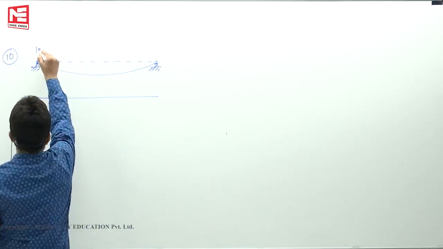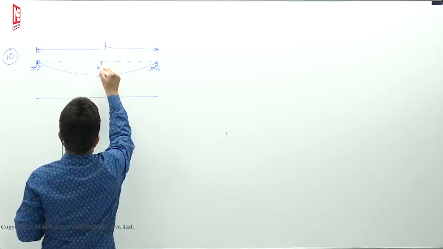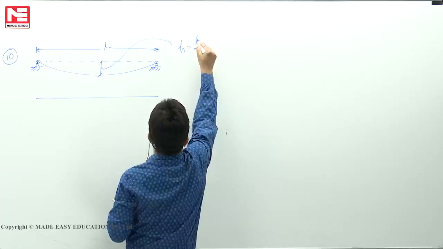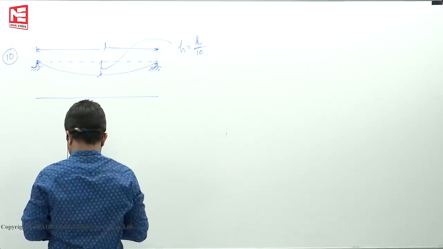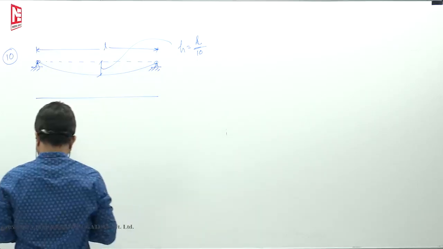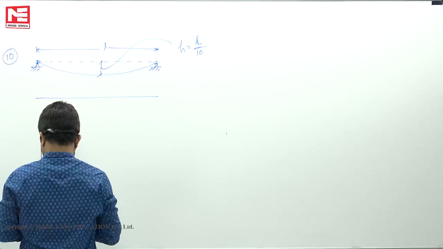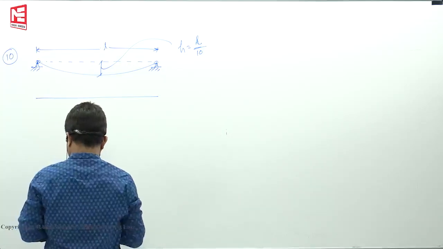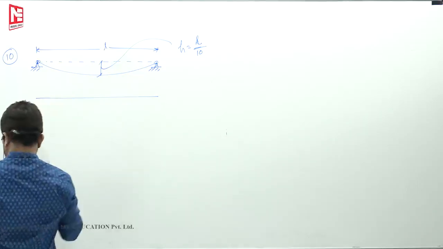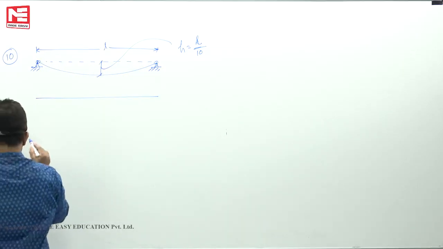This is span L. This dip, H, is given as L by 10. So that is the dip of the cable. Then the length of the cable, the actual curved length, we can also take it.